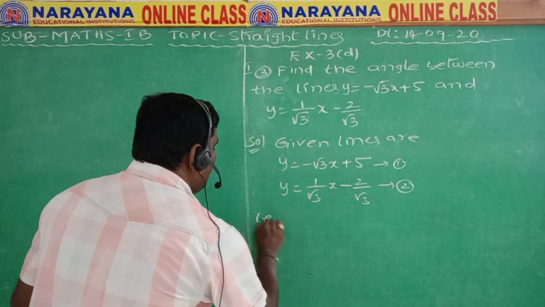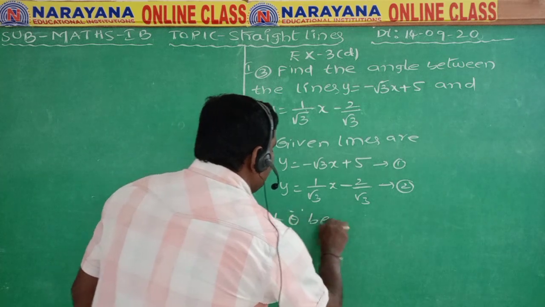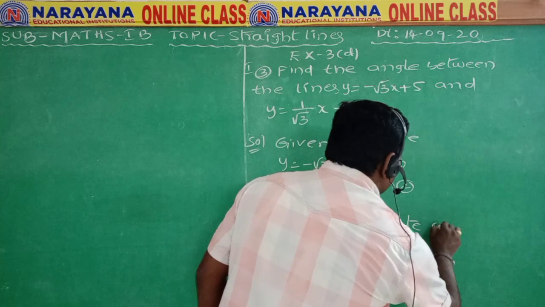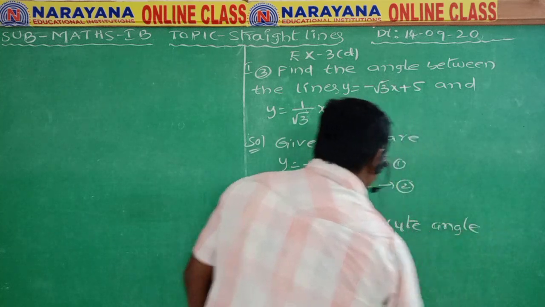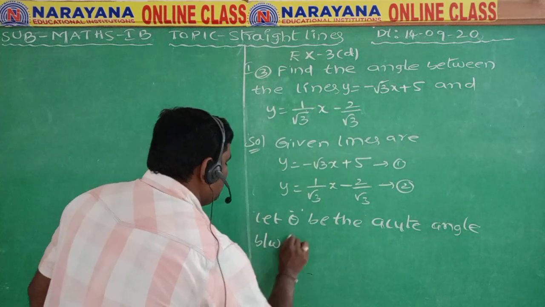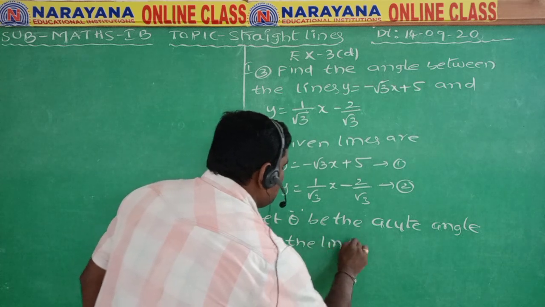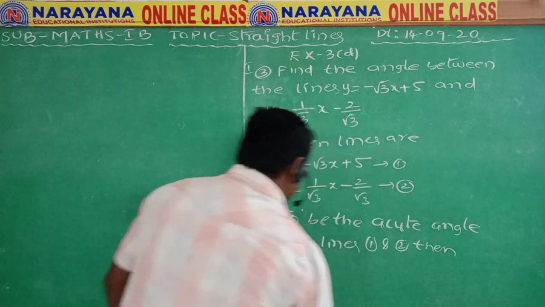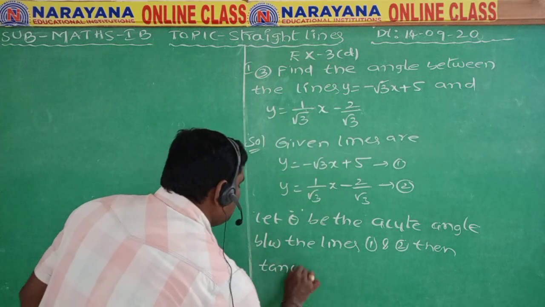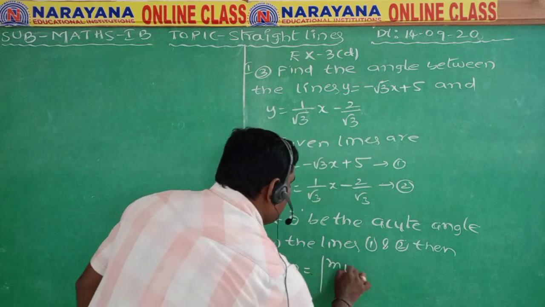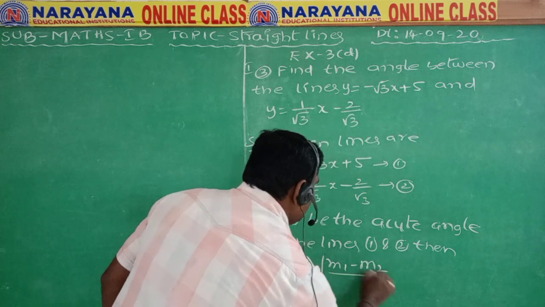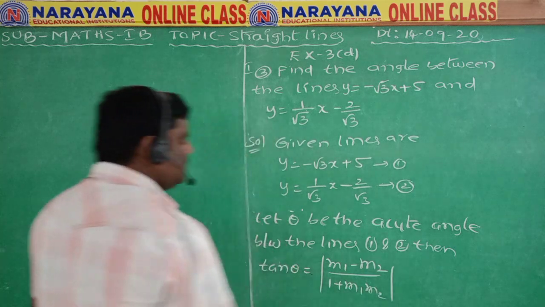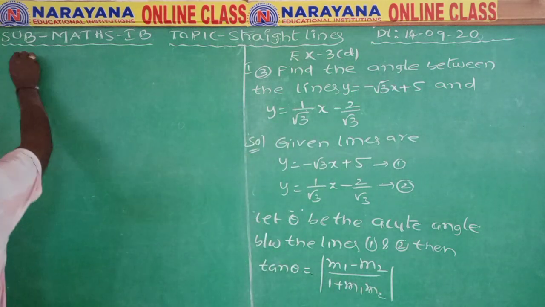Therefore, let theta be the acute angle between the lines 1 and 2. Then tan theta = (m1 - m2) / (1 + m1 m2).